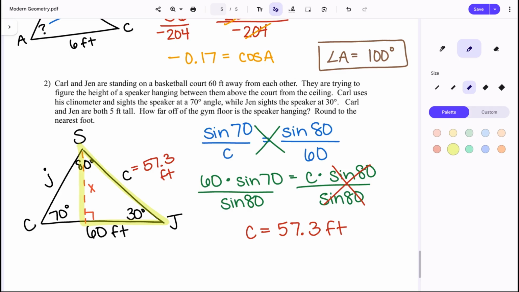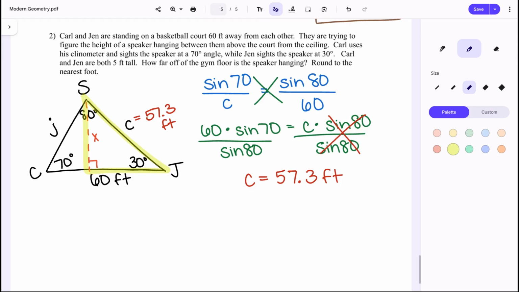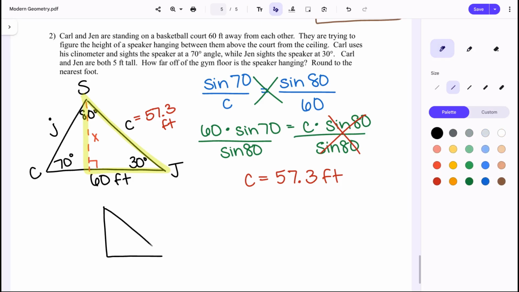That yellow triangle that I just highlighted is a right triangle. I want to use that to help me solve for the height of the speaker. If you need to, you could separate this out and draw another little triangle where this is what we're missing. We just found this to be 57.3 feet. We know that this angle is 30, and we know that that one's 90.